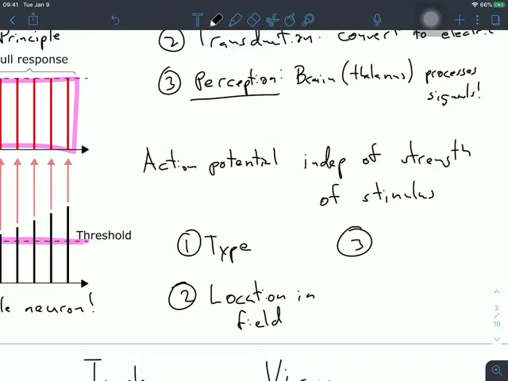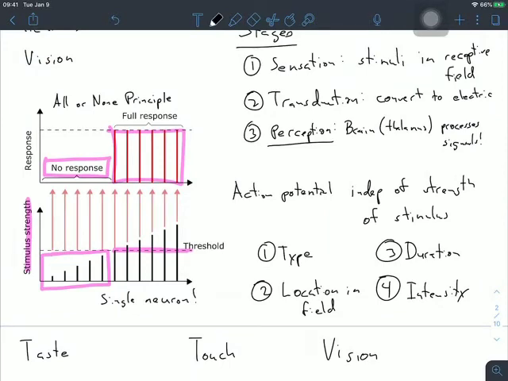Assuming your receptor is correct. The duration of the signal, is it persistent enough to actually incite the action potential? And number 4, the intensity, which relates directly to the signal strength itself.